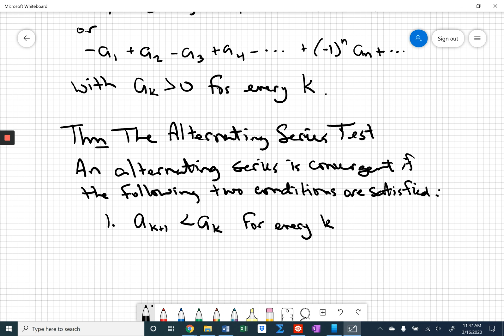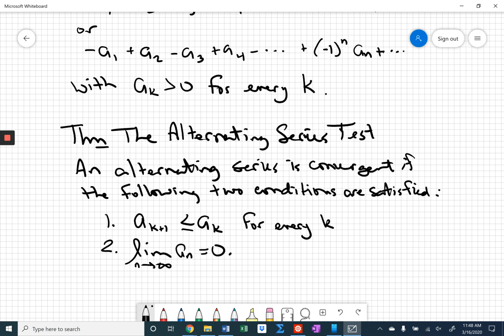Actually, it doesn't need to be strictly decreasing. It could be less than or equal to. So it's essentially decreasing. And the second is that the limit as n approaches infinity of a sub n is 0.